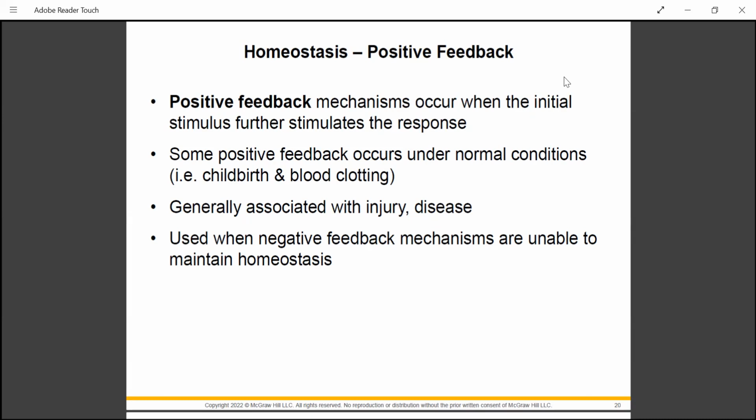There's only a couple examples of this in normal conditions. Sometimes there's some abnormal positive feedback associated with injury or disease. But the two most common examples where positive feedback is a good thing are childbirth and blood clotting. So 99% of the time, homeostasis is going to be maintained with negative feedback. But there's a few key instances where a positive feedback loop is going to come into play.